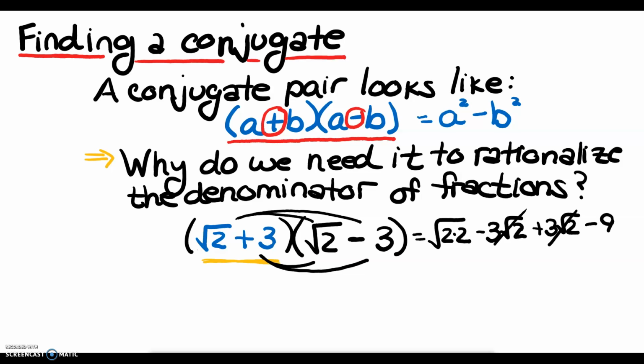And I want you to notice the two inside-outside terms cancel. And this first radical, because I have a group of 2, becomes a 2 minus 9, which is just a negative 7. The radical is eliminated. So when we multiply by a conjugate, we can eliminate our radical.